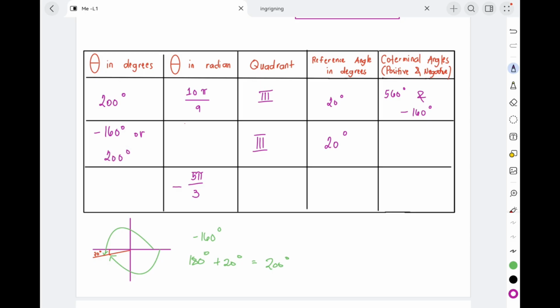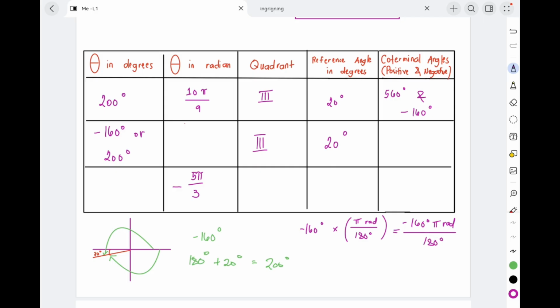So negative 160 degrees or a 200 degree angle. In conversion, negative 160 degrees multiplied by, of course our goal is to convert it to radians, so make sure that the numerator is in radians, pi rad all over 180 degrees. Negative 160 degrees times pi rad all over 180 degrees.